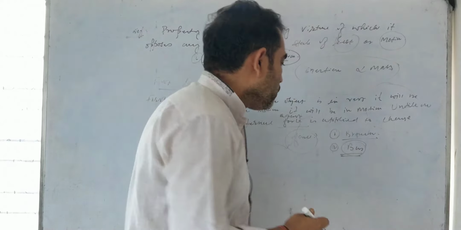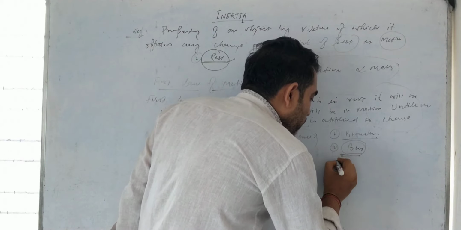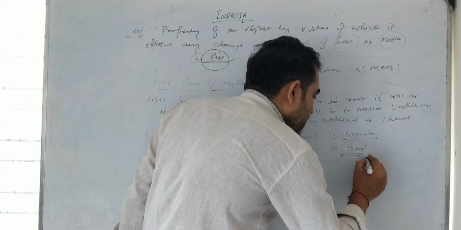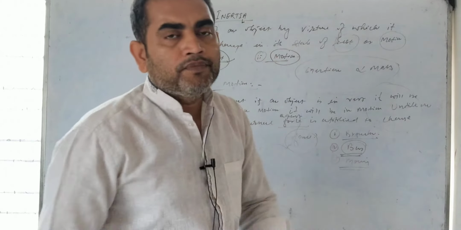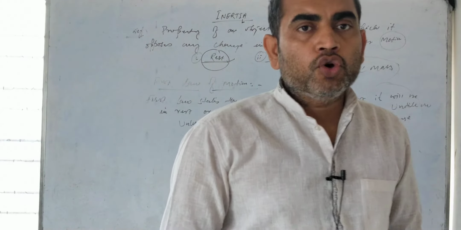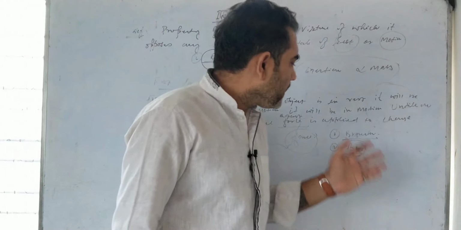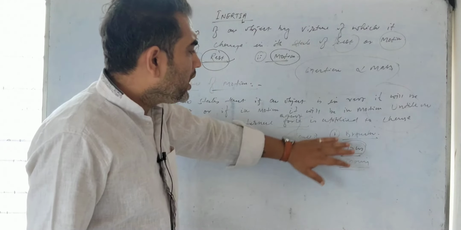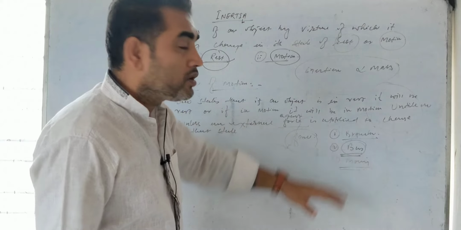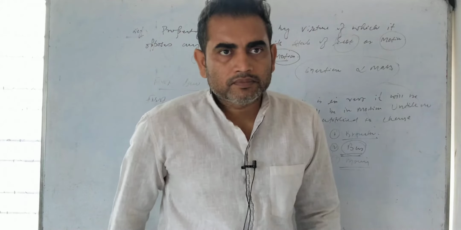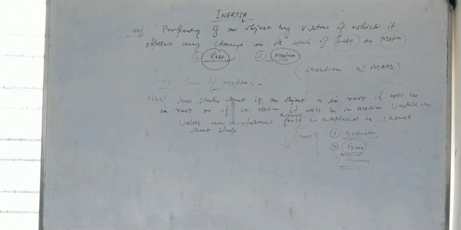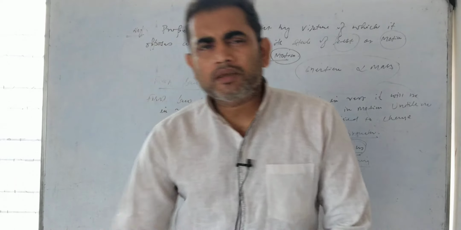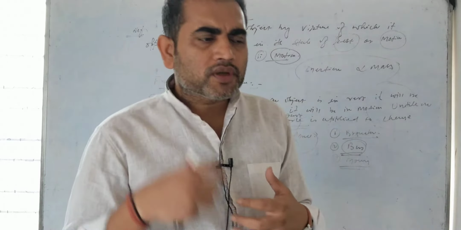In the same manner, in a moving bus, when the brake is applied, we move forward. Why? This happens because whenever a force is applied on an object, the same situation happens.